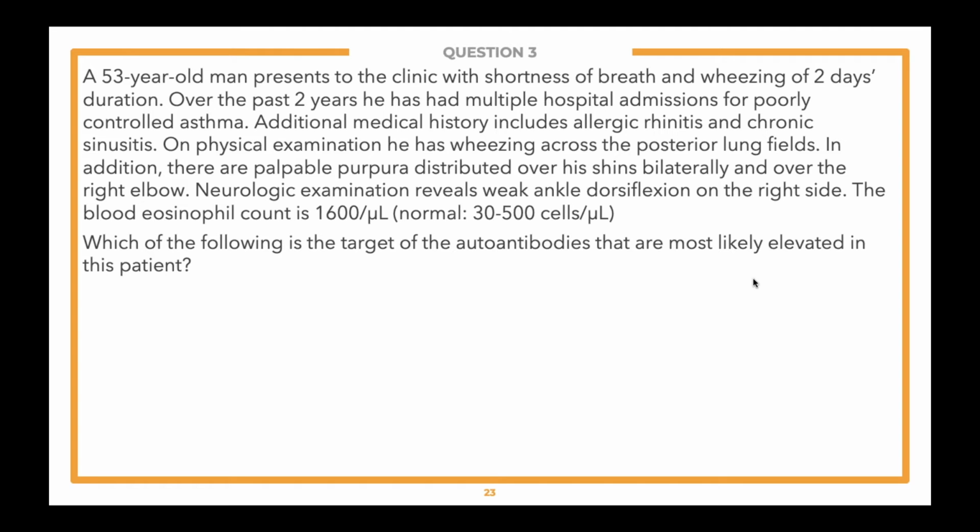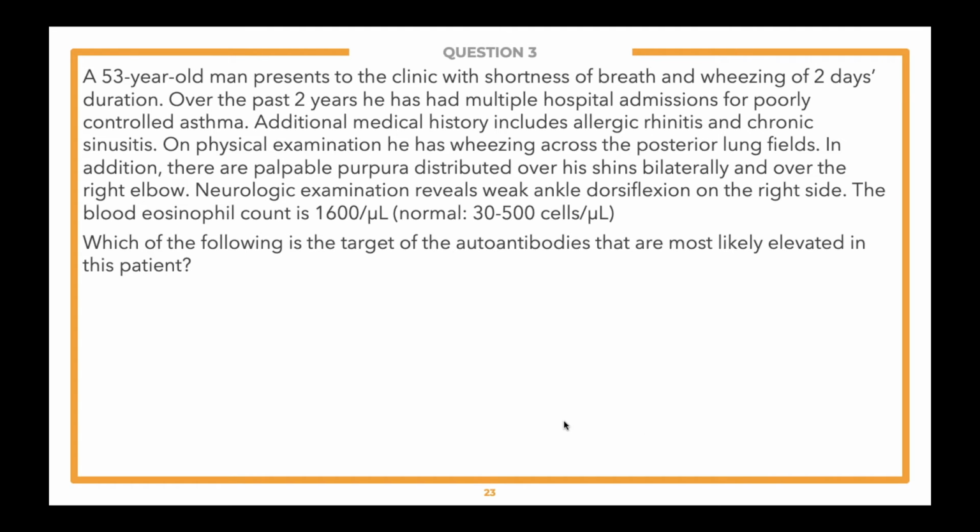In addition, there are palpable purpura distributed over his shins bilaterally and over the right elbow. Neurologic examination reveals weak ankle dorsiflexion on the right side. The blood eosinophil count is 1600, and the normal range is 30 to 500. Which of the following is the target of the antibodies that are most likely elevated in this patient?